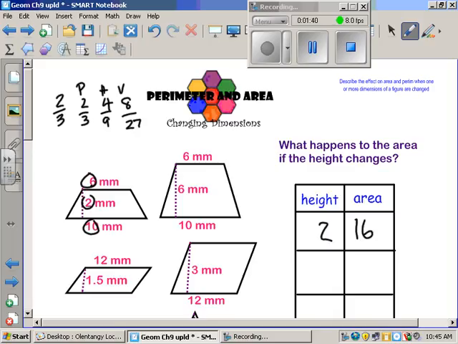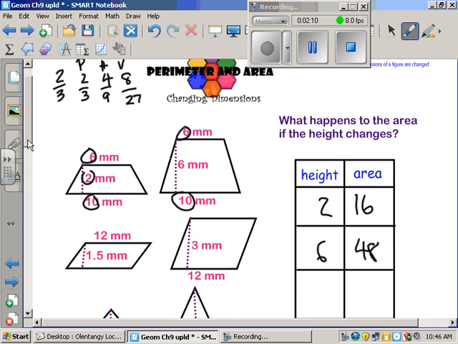Okay, now what if we triple the height? We leave the bases alone, but we triple the height. So again, we've got 1/2 base 1 plus base 2 times height. So 1/2 times 16 times 3 is 48. So when the height is 6, the area is 48.